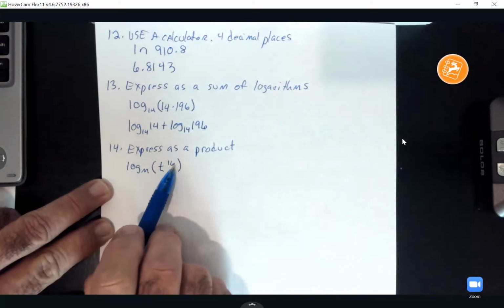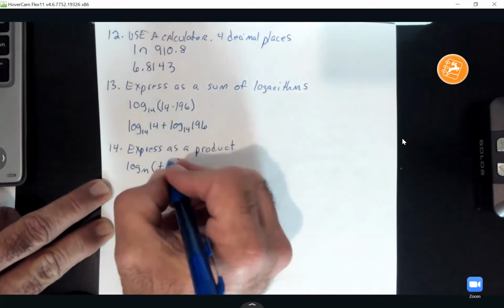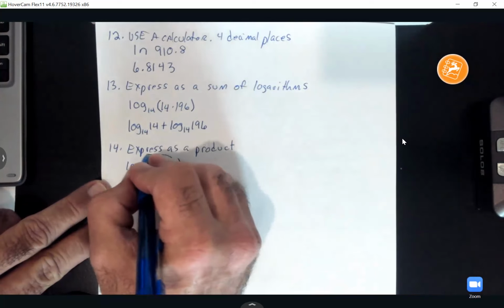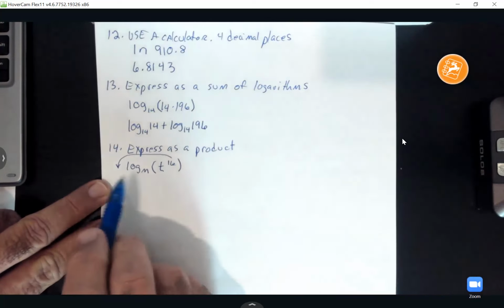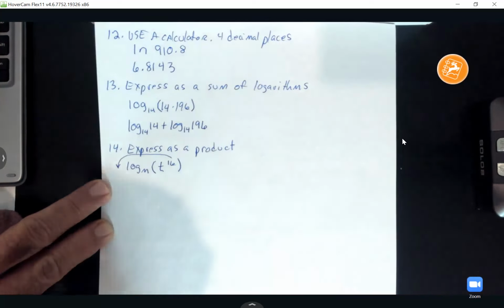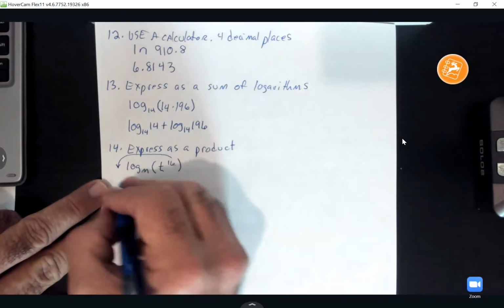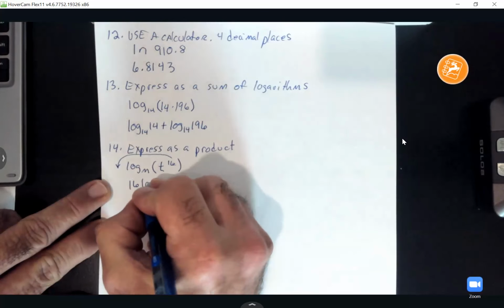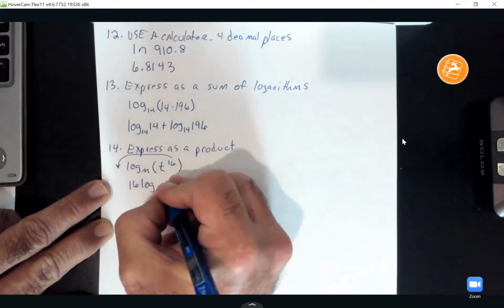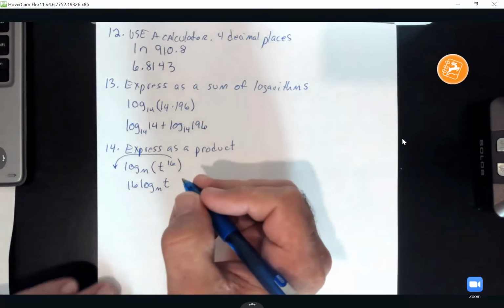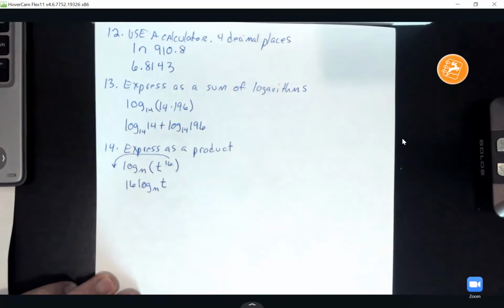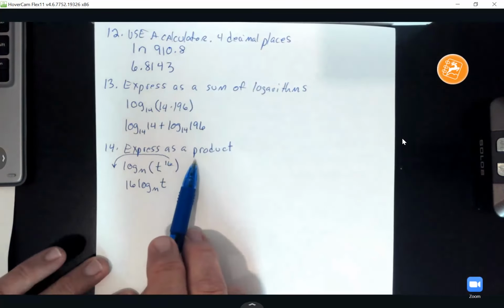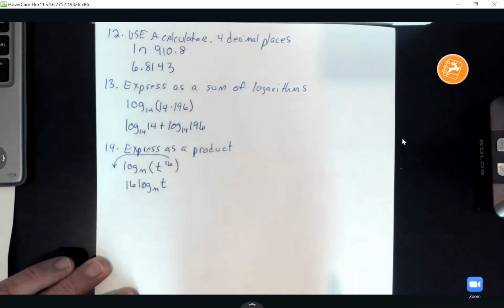And remember, we can't keep the exponents up here. So the power rule said, bring the exponent down to the front and rewrite it as a product. So that'll give me 16 times the log base m of t. And y'all, that's all you're doing when you're expressing these as a product. You're just bringing those exponents down, okay?